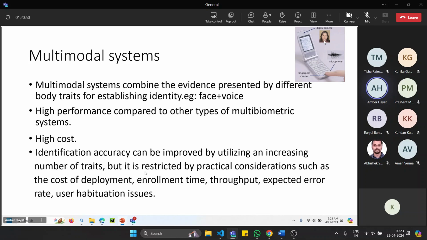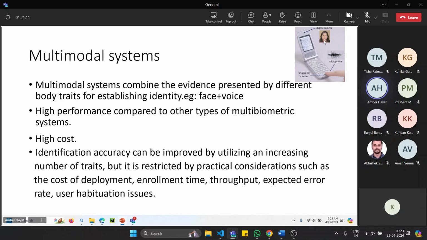By increasing the number of traits, you can increase the accuracy, but you have to see how much effect it creates on the system. What is the cost? What is the enrollment time? The time should not be more. What is the throughput? What is the error rate? Habituation issues, whether users are habituated to it or not.